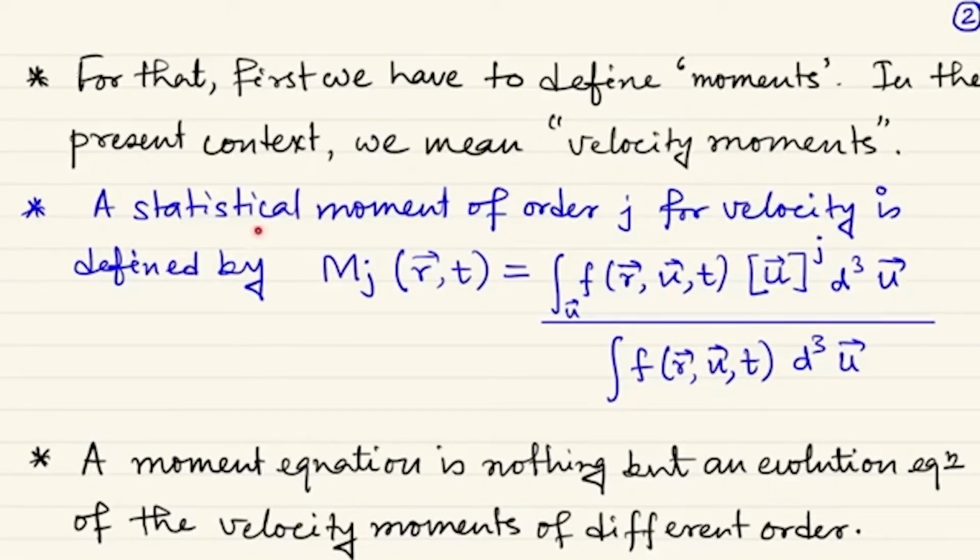A statistical moment of order j for velocity is defined by m_j, which is a function of r and t, only space and time, simply equal to the integration in velocity space of f times u to the power j. This is a vectorial j, so if it is like u cubed, then this is nothing but u tensor u tensor u.